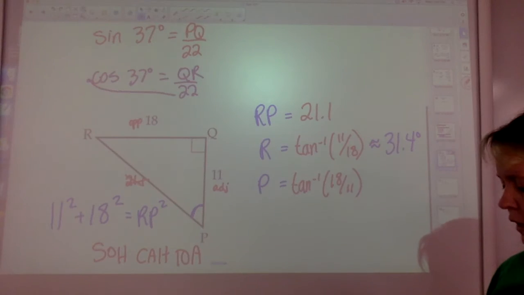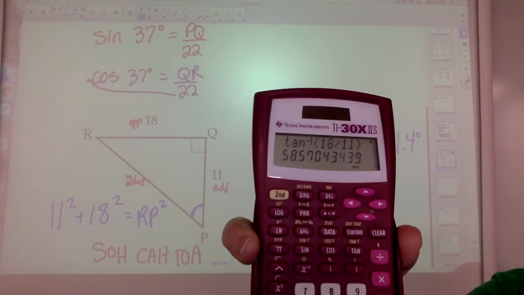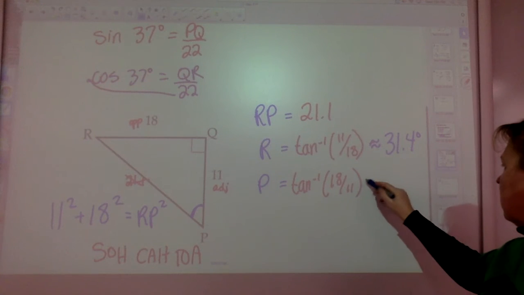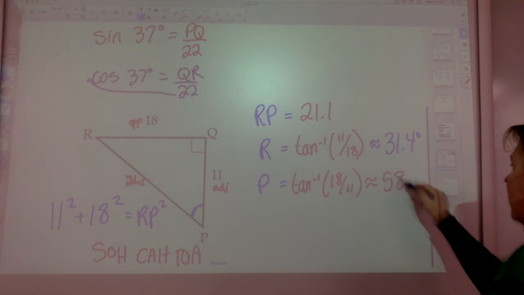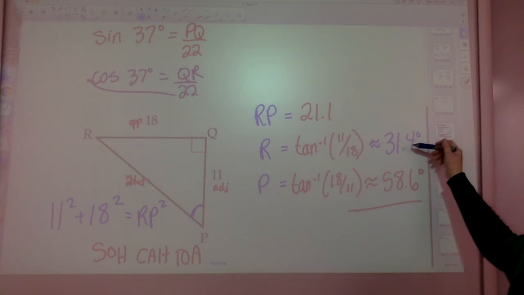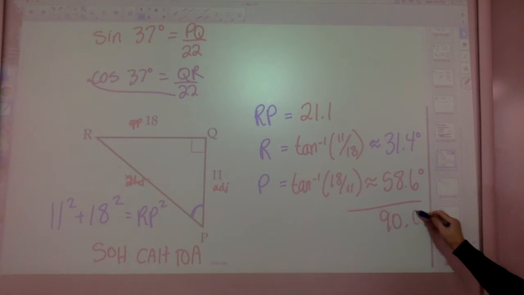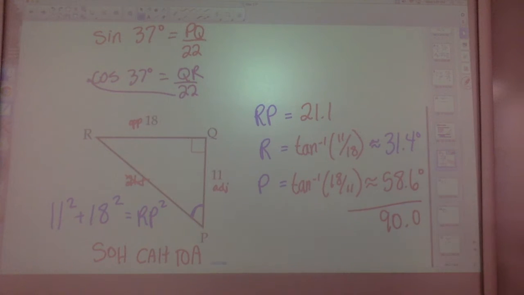What is the inverse tangent of 18 over 11? You probably guessed this already. It's 58.6. How would you guess that it's 58.6 degrees? Because you maybe took 90 minus 31.4. If you add those up, they come out to 90.0.